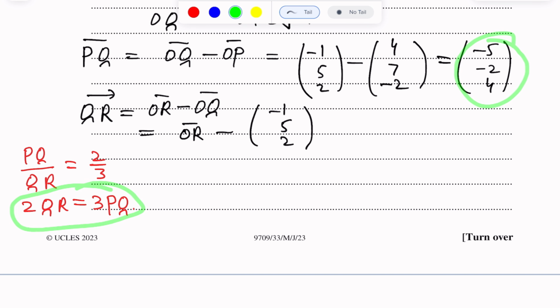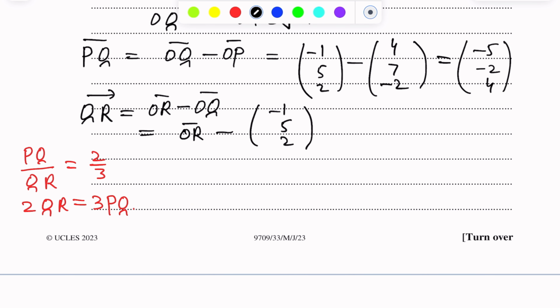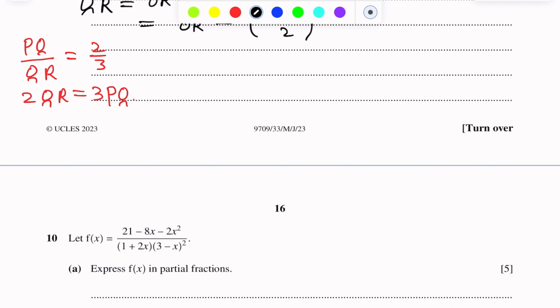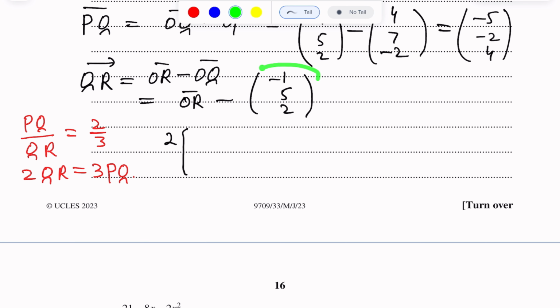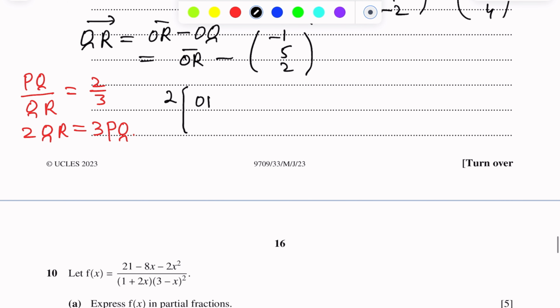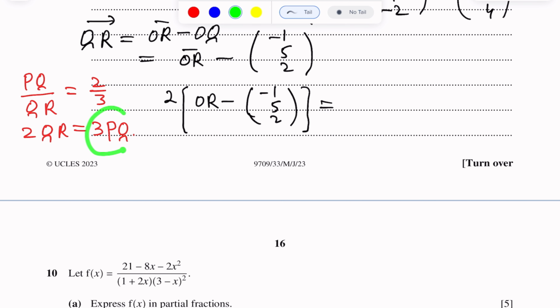Putting here in this ratio we get 2QR, this means that 2QR is this OR minus 1, 5, 2 is equal to 3 PQ. 3 into PQ is minus 5, minus 2, 4.